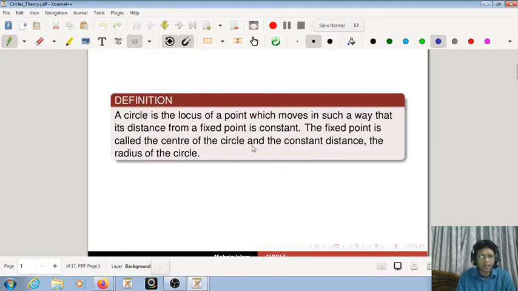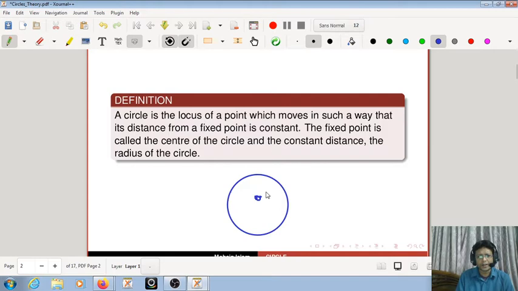A circle is the locus of a point which moves in such a way that its distance from a fixed point is constant. The fixed point is called the center of the circle and the constant distance the radius of the circle. So this is the locus, and this is the fixed point.